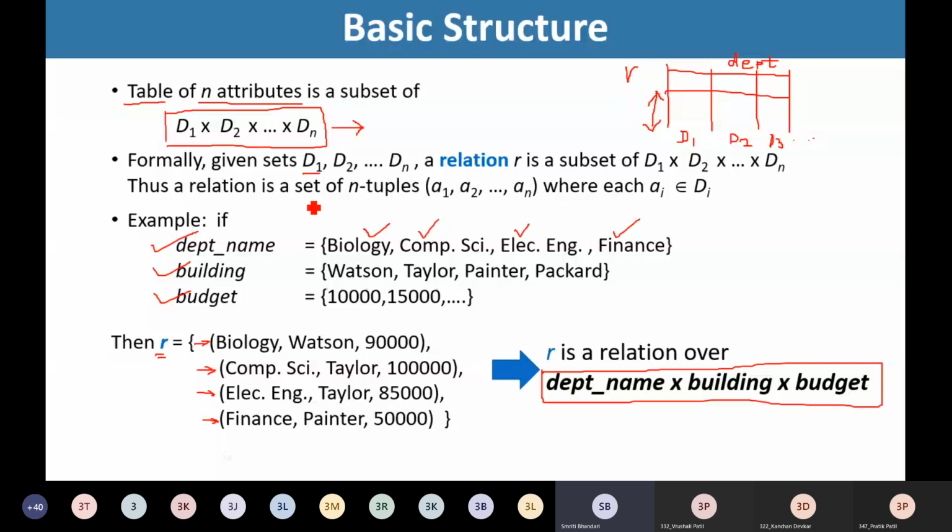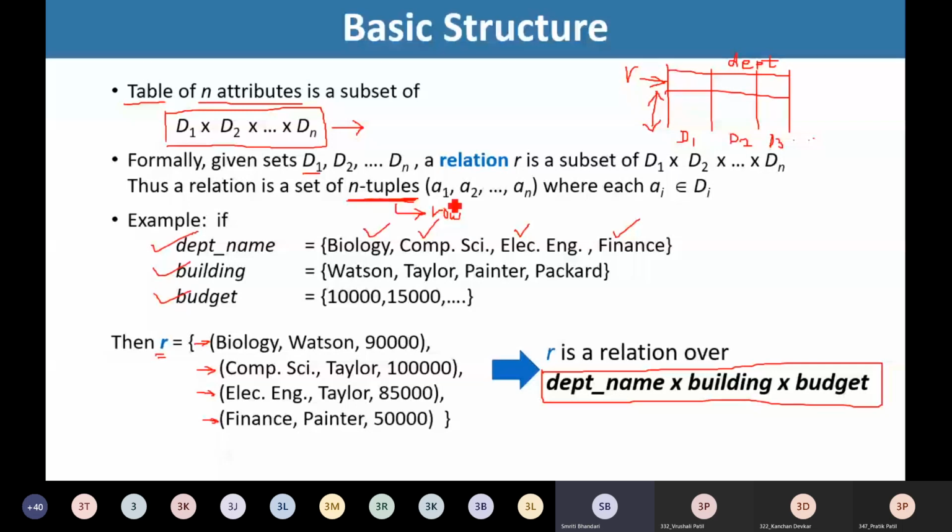Now, here we are introducing one more term, that is tuple. So what is a tuple? Tuple is equivalent to a row in a table. So the horizontal collection of values, a row in a table or a row in a relation, is also known as a tuple. So the relation is a set of n tuples.